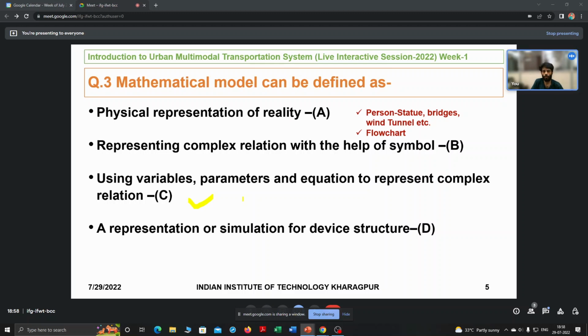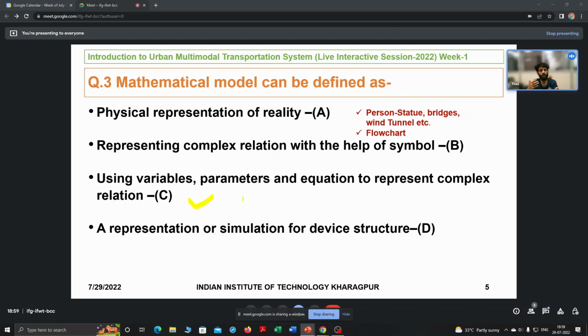Now the fourth one is a simulation. What is a computer simulation? If you want to see the variation of speed along time, that is the spatio-temporal variation of speed, and you have certain mathematical models, you can generate one simulation model to replicate the scenario of changing speed along the length of the road, and also temporally, along the different time frames within the day.